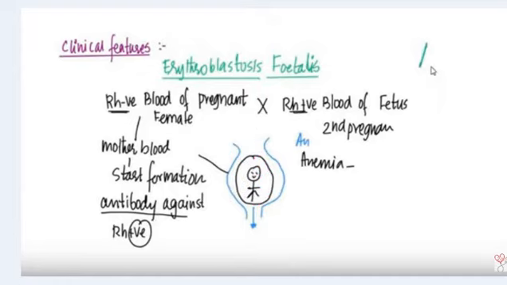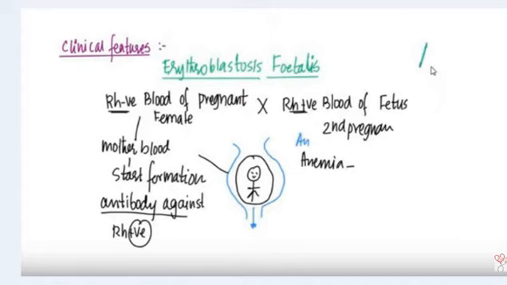Here one question comes to our mind: what is antibody? First of all, we have to know what is antigen. Antigens are molecules or substances that are capable of inducing an immune response. Each antigen has its own surface features. Now second is antibody.